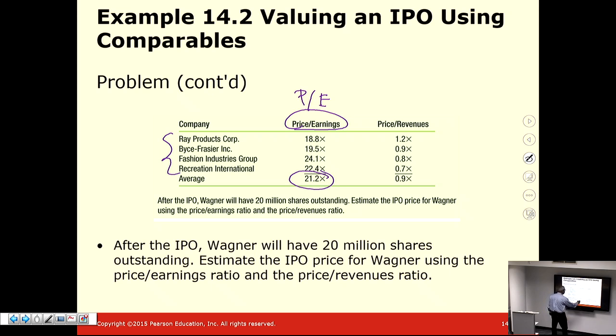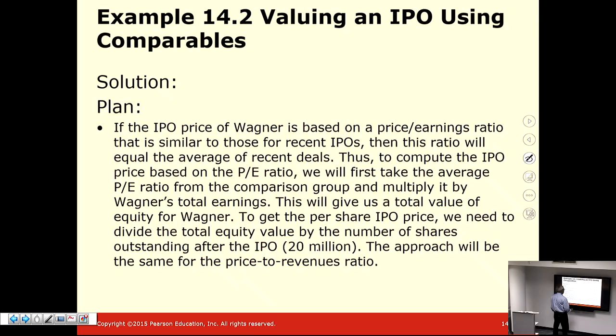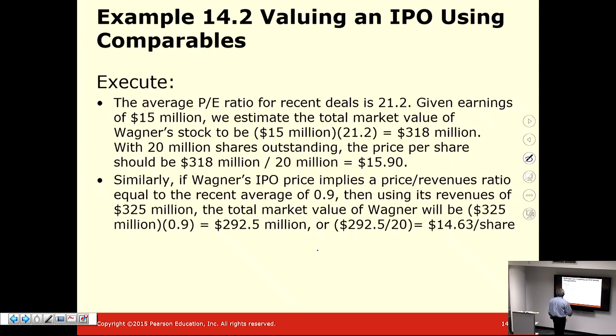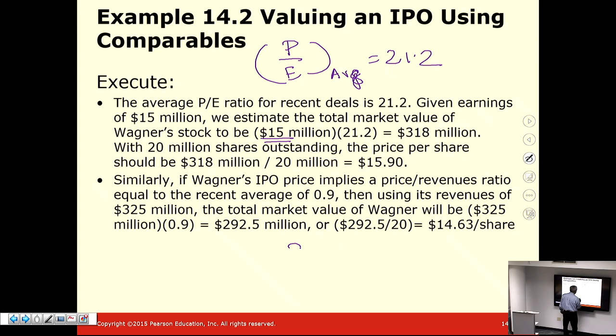Now, Wagner will have 20 million shares outstanding. So based on their earnings of 15 million, and again the PE average for the industry is 21.2, they will multiply this 21.2 with the earnings.